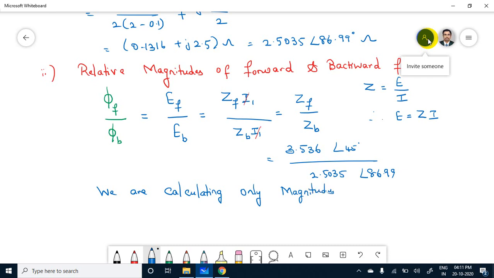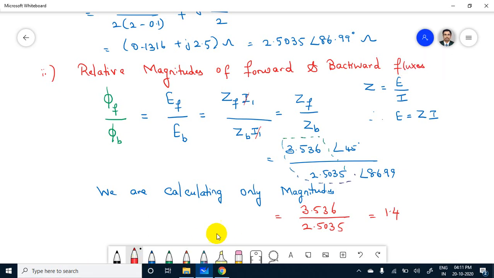Magnitude means we have to consider only this portion. So we'll get 3.536 divided by 2.5035. Finally we'll get 1.4.